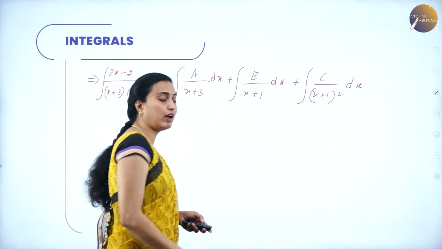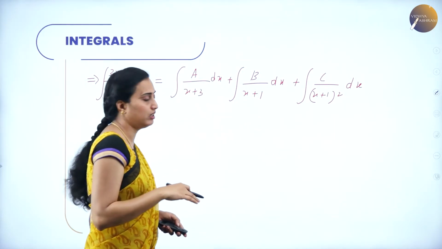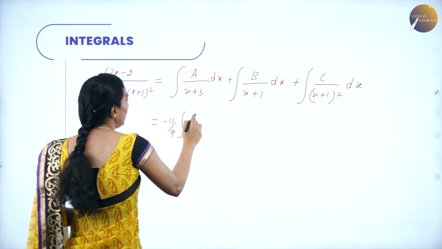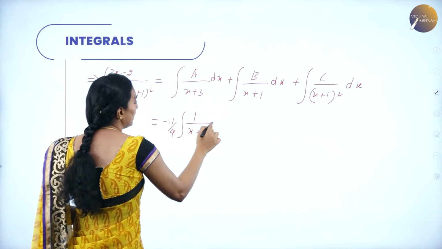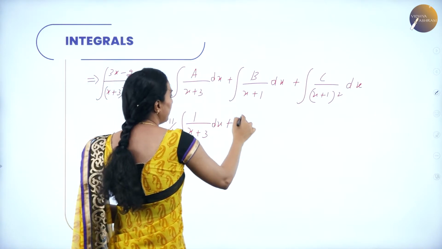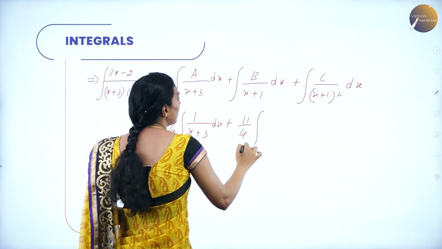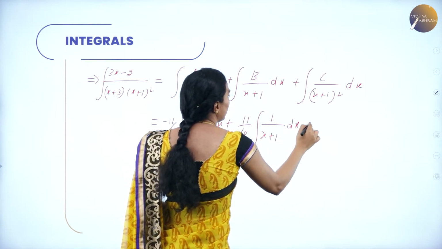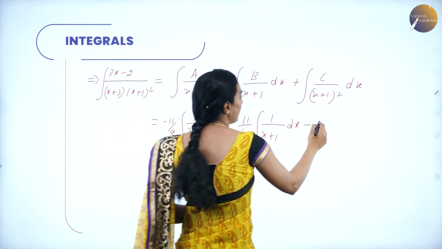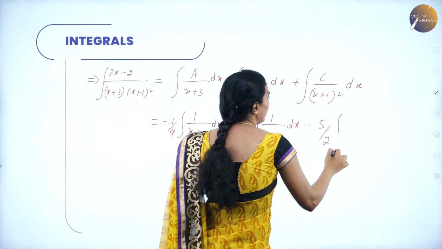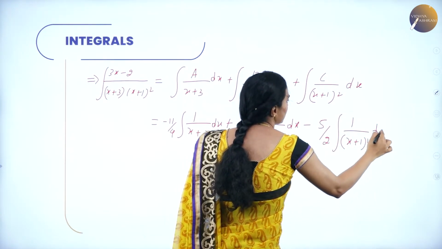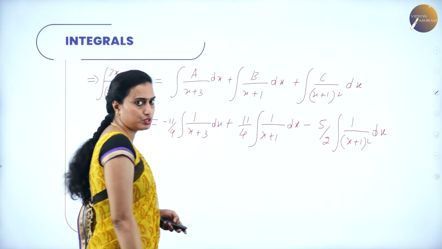Now, substituting the values of a, b, c and taking them outside: minus 11 by 4 into integral of 1 divided by x plus 3 into dx, plus 11 by 4 into integral of 1 divided by x plus 1 into dx, and then minus 5 by 2 into integral of 1 over x plus 1 whole squared into dx. I hope you understood this one.